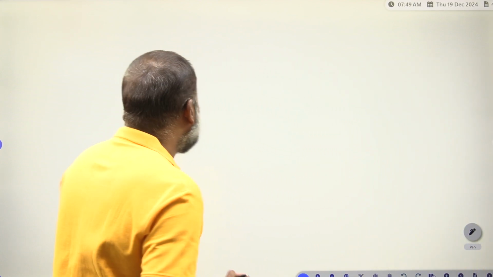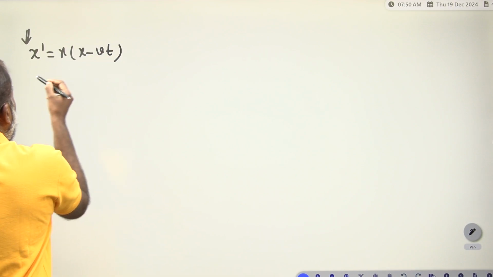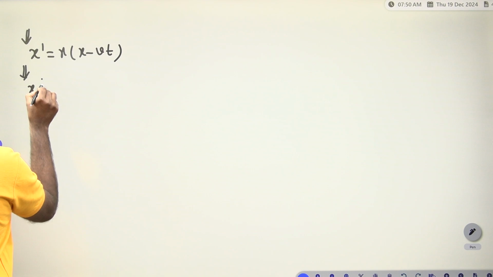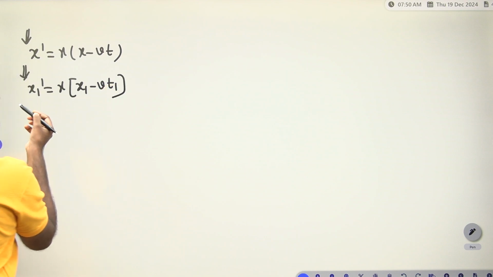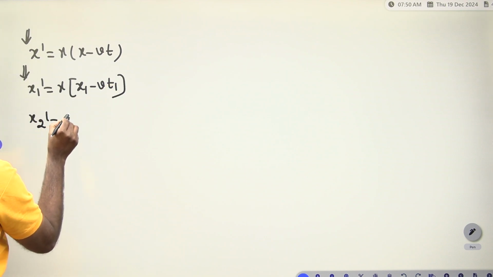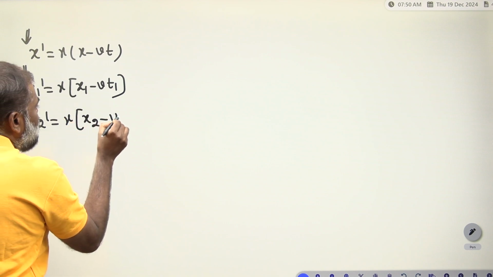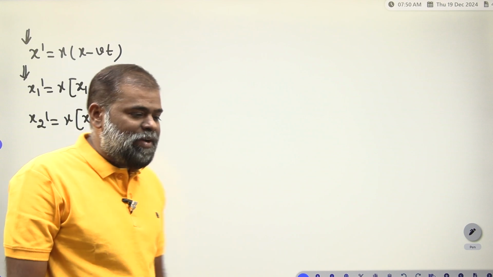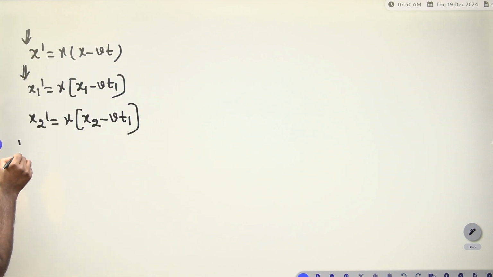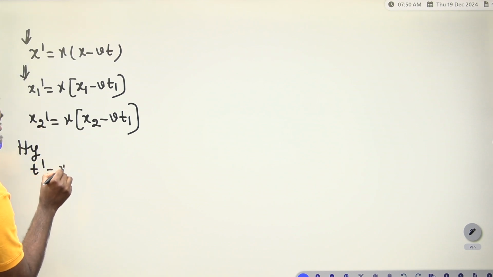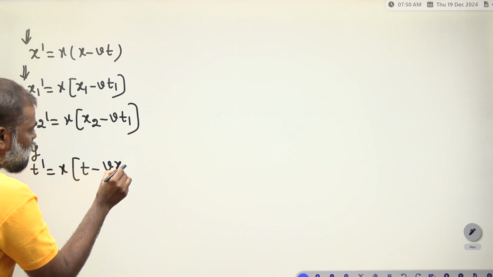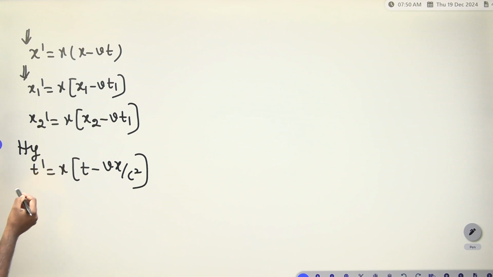Concerning x dash is equal to gamma into x minus vt, x1 dash is equal to gamma into x1 minus vt1, and x2 dash is equal to gamma into x2 minus vt2. Similarly, t dash is equal to gamma into t minus vx by c square.